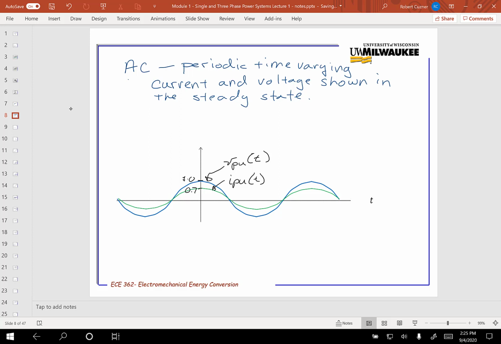We're also just going to constrain our discussion to the steady state. Now in the steady state, the peak amplitude on the top and the peak amplitude on the bottom are equal to each other. And this waveform has a period at which it repeats.